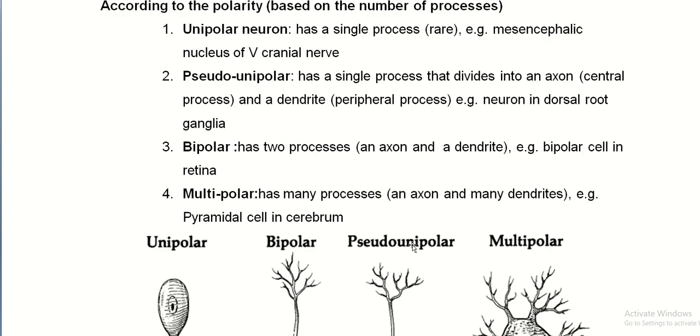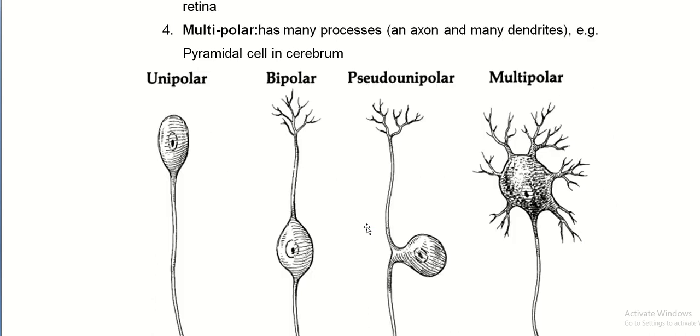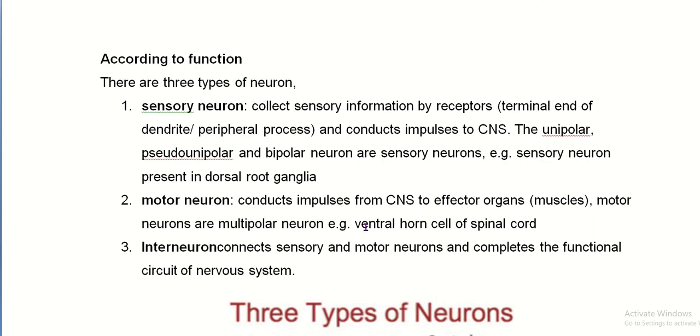The example of a unipolar neuron is the mesencephalic neuron of the trigeminal nerve, a pseudo-unipolar neuron in the dorsal root ganglia, a bipolar cell in the retina, and a multipolar cell, the pyramidal cell in the cerebrum. According to function, neurons are sensory, motor, or interneurons.